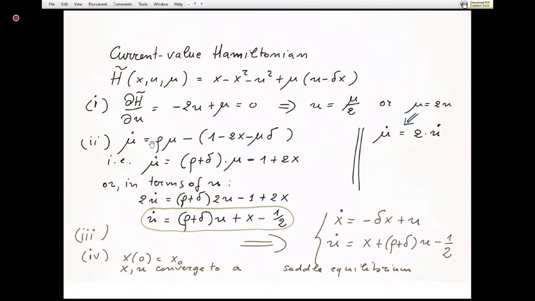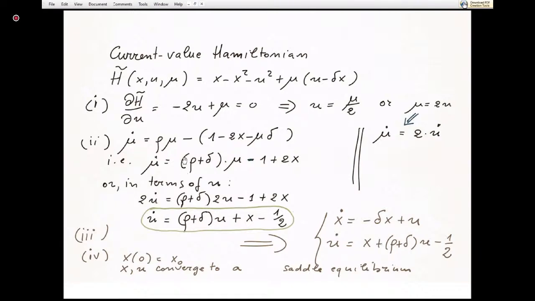But this is easy in this case because u is mu over 2. So mu is equal to 2u, and mu dot is equal to 2u dot. So we replace mu dot with 2u dot and mu with 2u, and we have transformed the dynamic equation of the co-state variable into one in the control variable, which is like this.